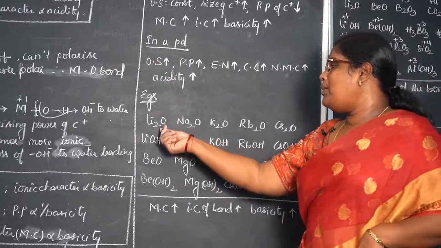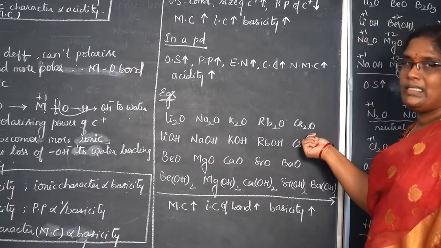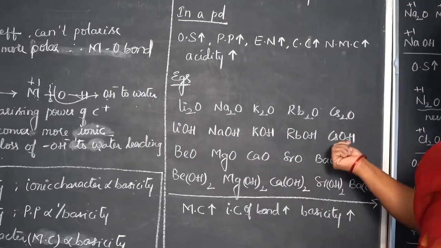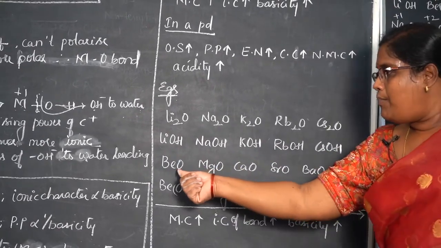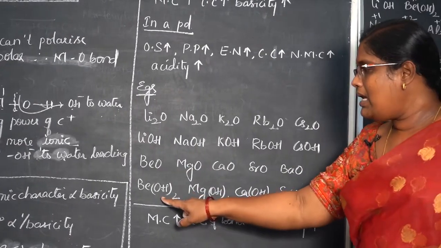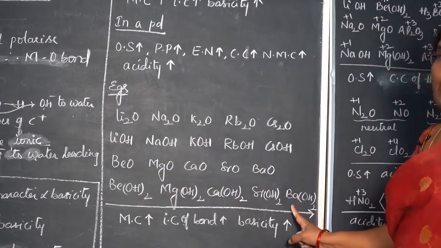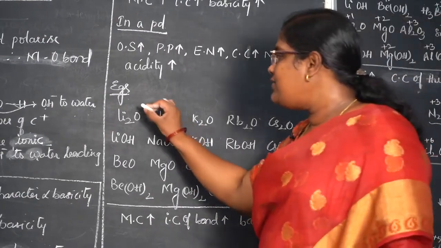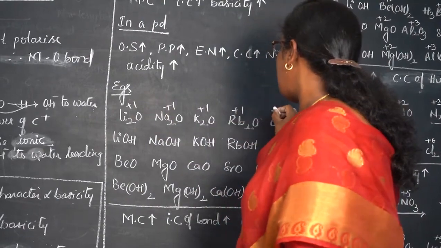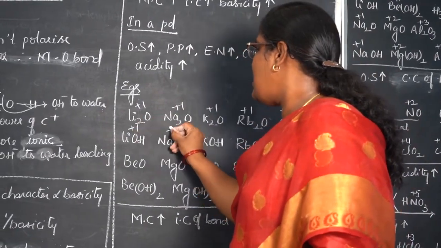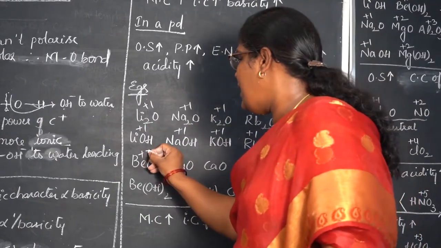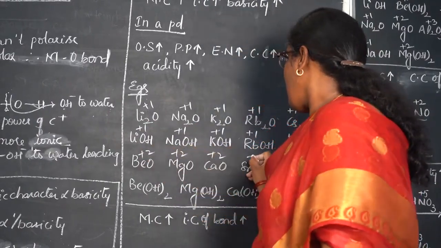So as you move from lithium oxide to cesium oxide, lithium hydroxide to cesium hydroxide, beryllium oxide to barium oxide, beryllium hydroxide to barium hydroxide, in all of them the oxidation state is constant, and down the group the metallic character increases.